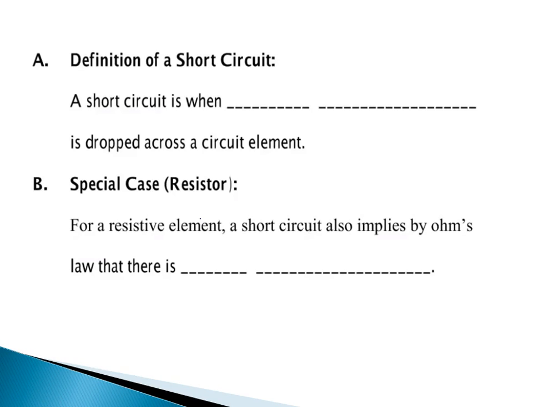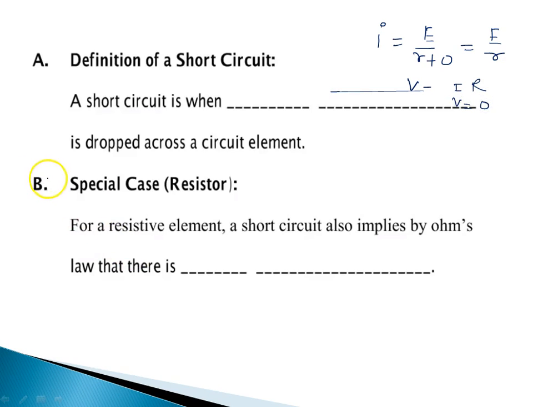Now again I am explaining. If I ask you the definition of short circuit, a short circuit is when no voltage is dropped across a circuit element. We have just discussed that I equals E upon r plus external resistance 0, that is E by r, and V equals IR with R being 0, so V equals 0.